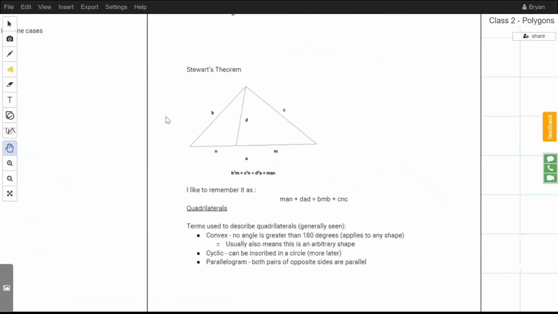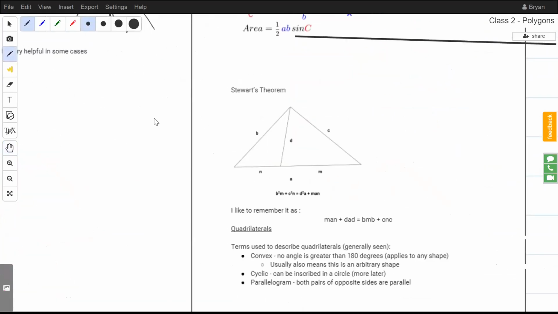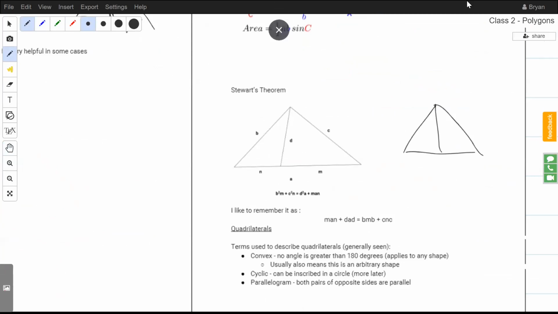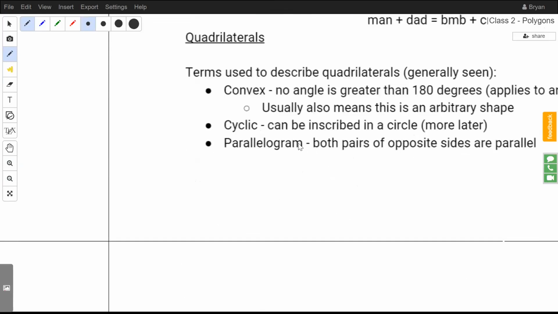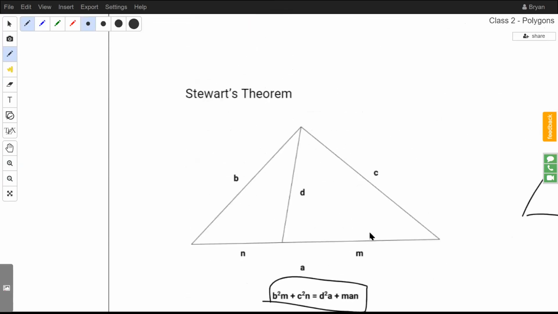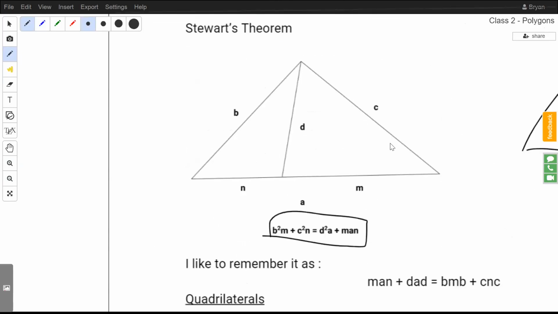So I'll just skip right to Stewart's theorem, which is another cool thing in triangles, where if we take any arbitrary line from a vertex to any side, we'll have this neat formula right here. If you can't see, I can zoom in. It's b squared times m plus c squared times n equals d squared times a plus m times a times n, where a is the entire bottom side length, and all the other letters are pretty self-explanatory.